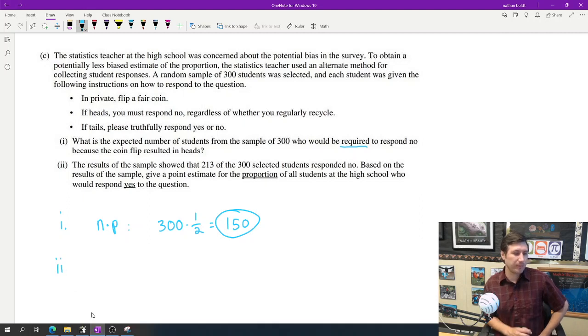All right, let's keep going. The results of the sample showed that 213 of the 300 selected students responded no. Based on the results of the sample, give a point estimate for the proportion of all students at the high school who would respond yes to the question. So what is the actual proportion of people that recycle?